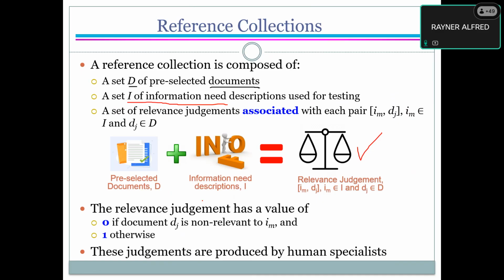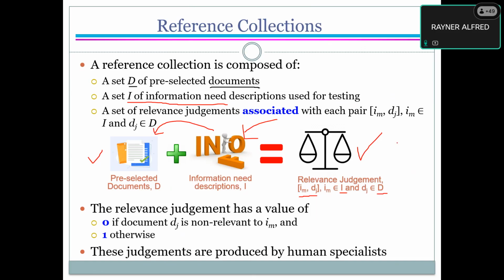Okay, so provided that you have a pool of documents and this is what you need, you must be able to associate the information with the documents that we have. So what we have here is that we need to relate this information with the document, where Ij belongs to the information and Dj belongs to the document.